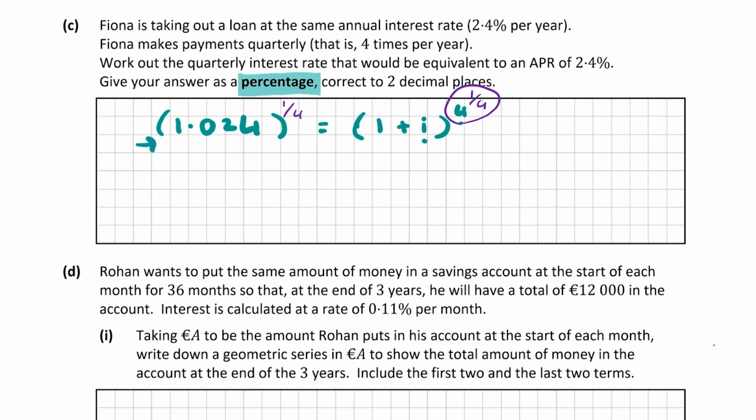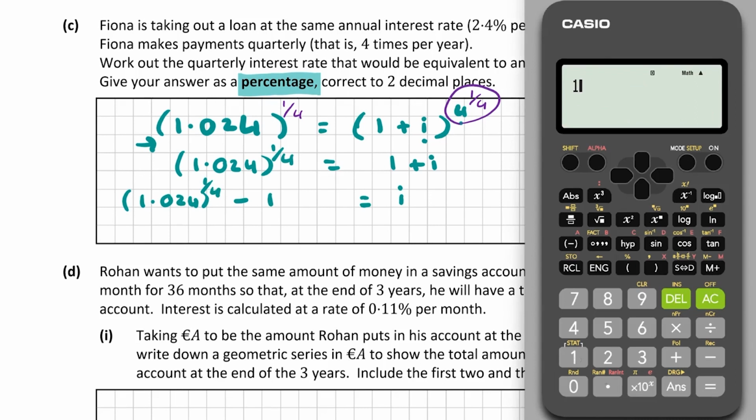So now we have 1.024 to the power of a quarter is equal to 1 plus i. So the interest rate is going to be equal to 1.024 to the power of 1 over 4 minus 1. And let's work that out.